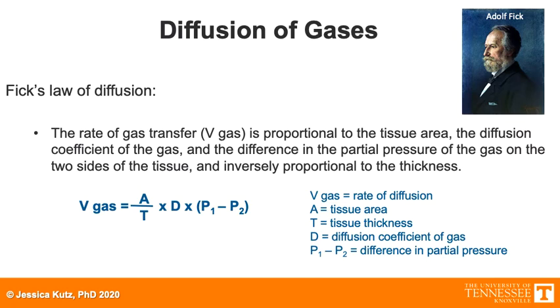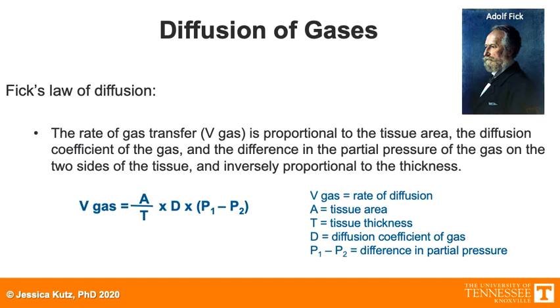He discovered that the transfer of gas, or the speed at which gas would diffuse into a tissue, was proportional to the area of the tissue, something called the diffusion coefficient of the gas, and the difference in the partial pressures of the gases on the two sides of the tissue, and also that it was inversely proportional to the thickness of the tissue. And those are the variables that make up our equation for how gases are diffusing across the tissue to go from one location to the next.